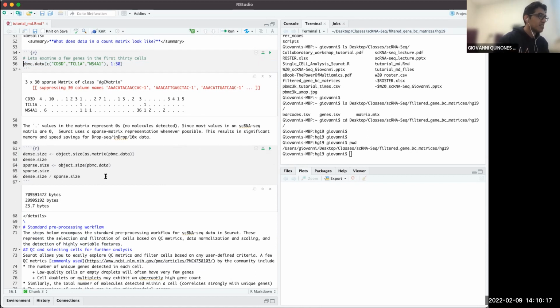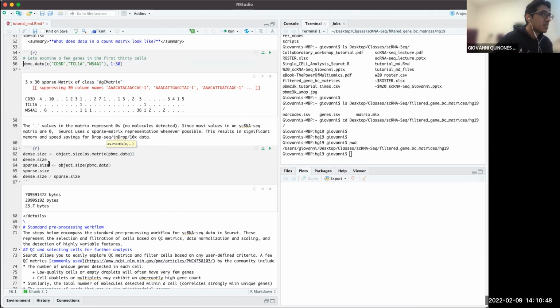How big is this object for your computer? And the first object, which is a dense size, is converting the original matrix into a standard matrix, meaning that it will show the entire data set. So if you have 100 genes and 100 cells, then it will show you all 10,000 entries.